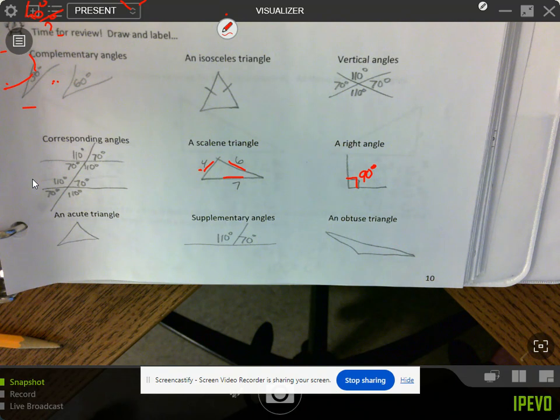An acute triangle. What's the important thing that we have to show? Amanda? Yeah. We have to show our angles that are smaller than 90 degrees.